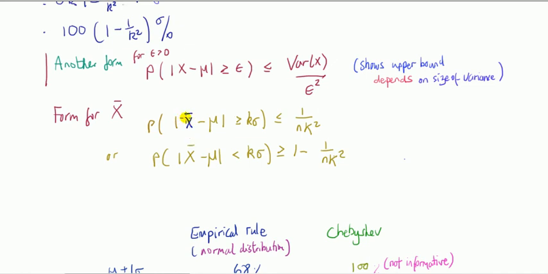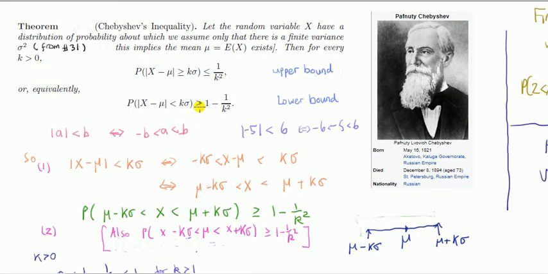Okay, next I want to talk about a simple calculation. This tells us in the conditions that so long as we know there's a finite variance and a finite mean, we don't need to know their values because we can still compute this. So for k of 2 standard deviations or 3 standard deviations, just substitute k into here, then we've got a bound already without knowing what mu and sigma are.